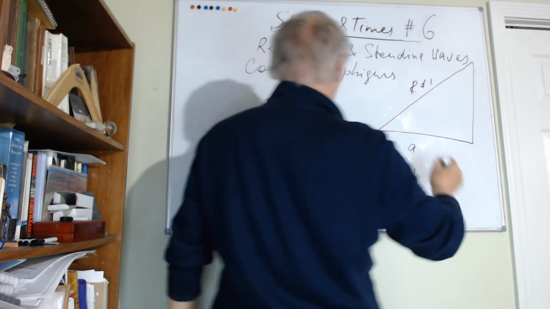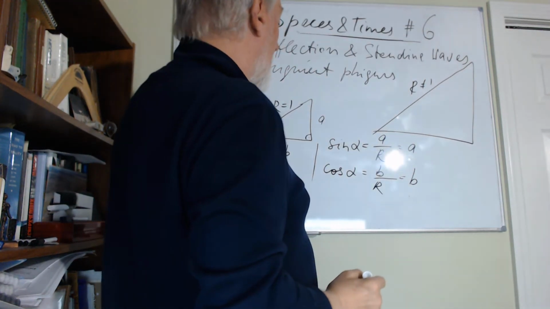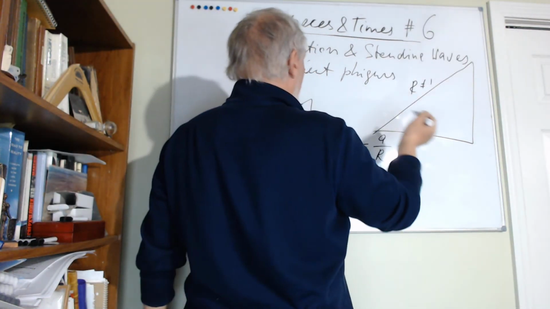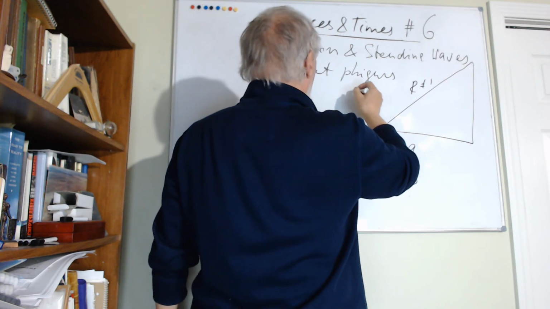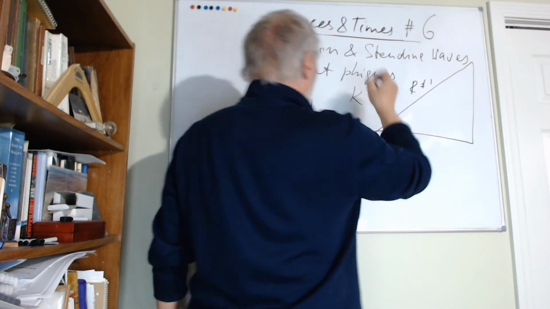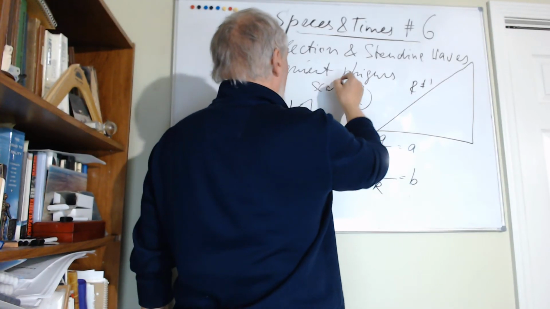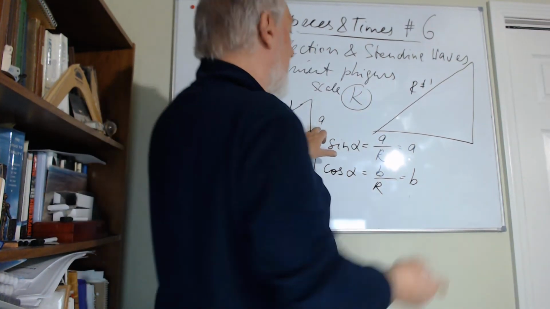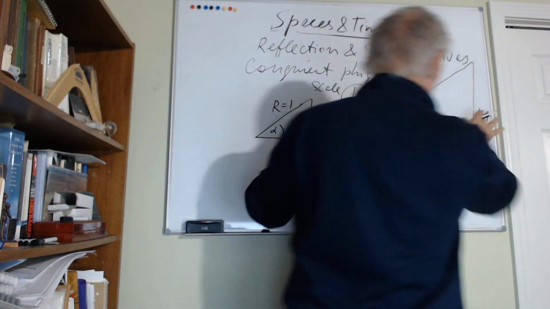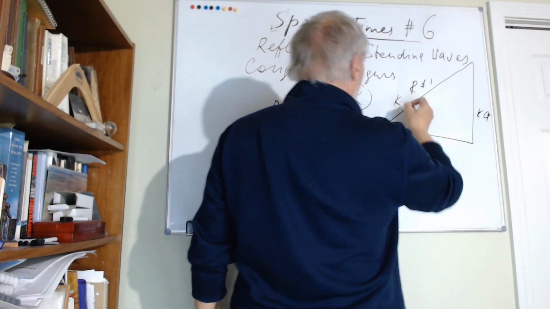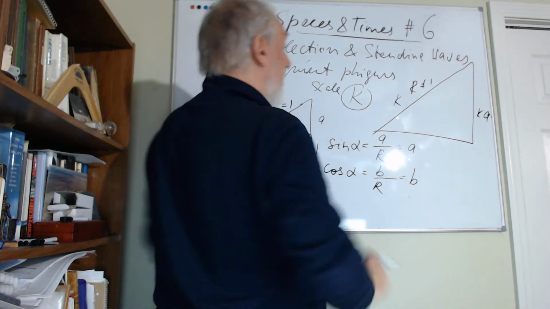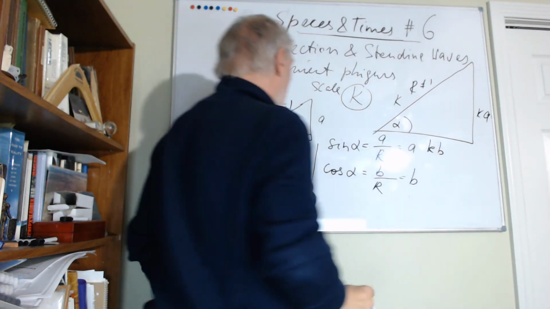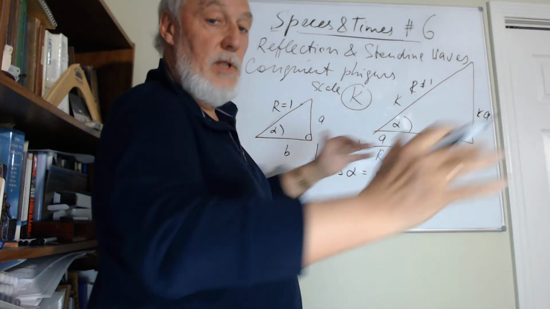It's some R. Say we increased the whole scale by a factor K. Then this will be K, because it was 1 here, and this will be KA and this KB, with the same angle, because it's all just pulled like this.